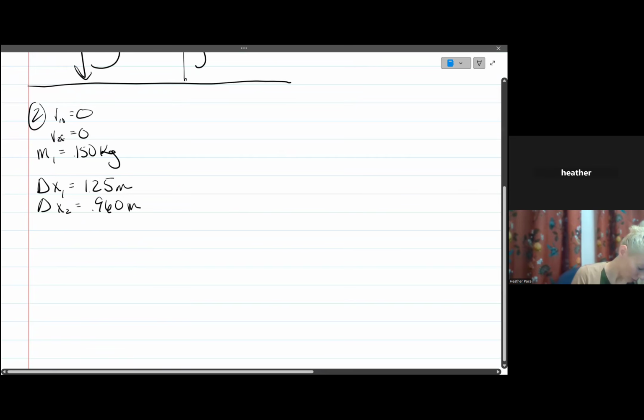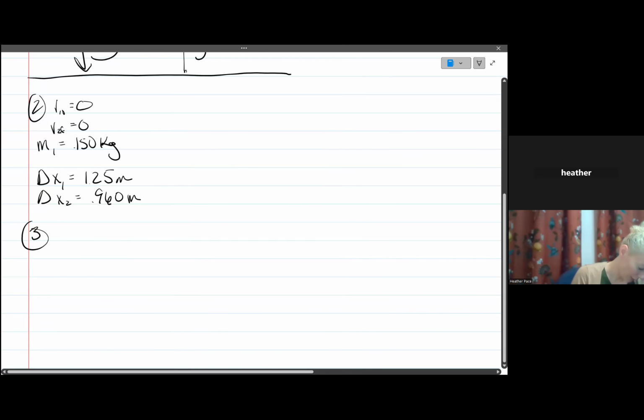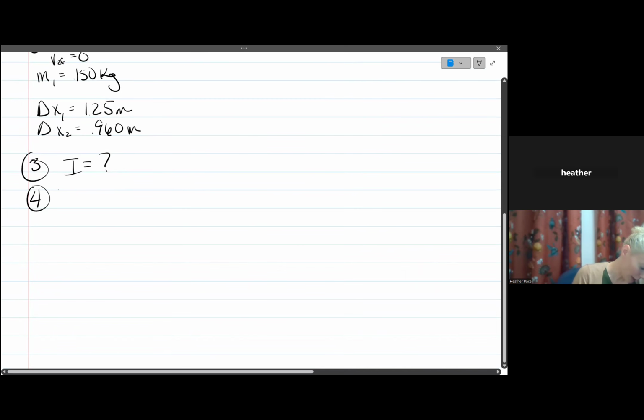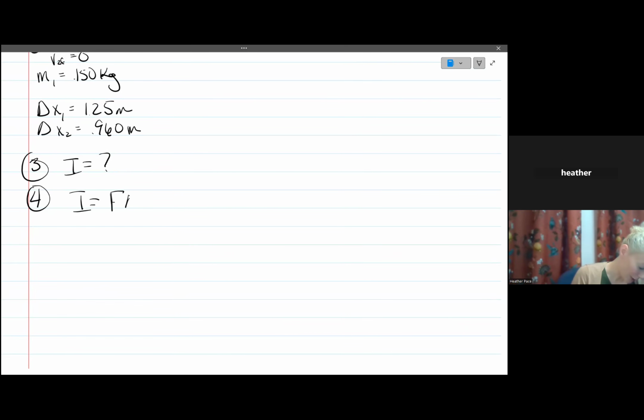Okay. 3, what are we looking for? We're looking for impulse. 4, what are the relevant equations? Well, our relevant equations are impulse equals, we know this, but we actually don't have to use this, but we also know this. This is the one we're going to use because it's the most simple.